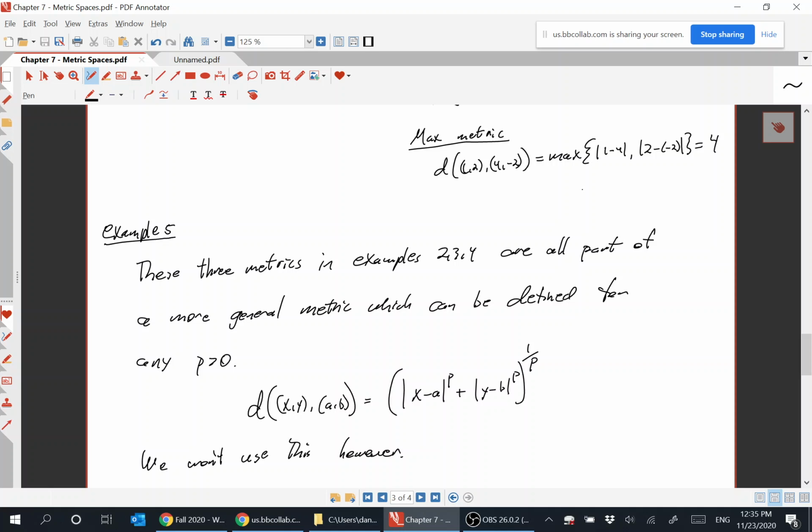If you have any p bigger than or equal to 1, then you can put a metric on R cross R that's defined like this. We're not going to use that, though. Of course, we're talking here about p equal to 1, p equal to 2, and the max metric is actually the limit as p goes to infinity of this thing.